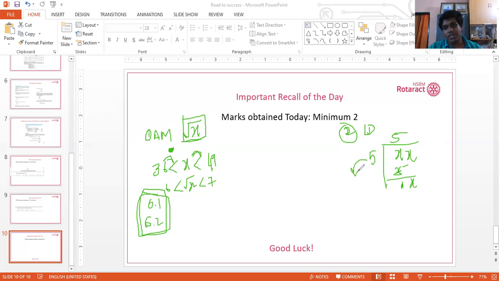Then always remember, what we are multiplying here is not this, but this. What we are multiplying is 5. 5 into 2 gives you 10. Then 10 something, 101, 101 into 1, put 101.